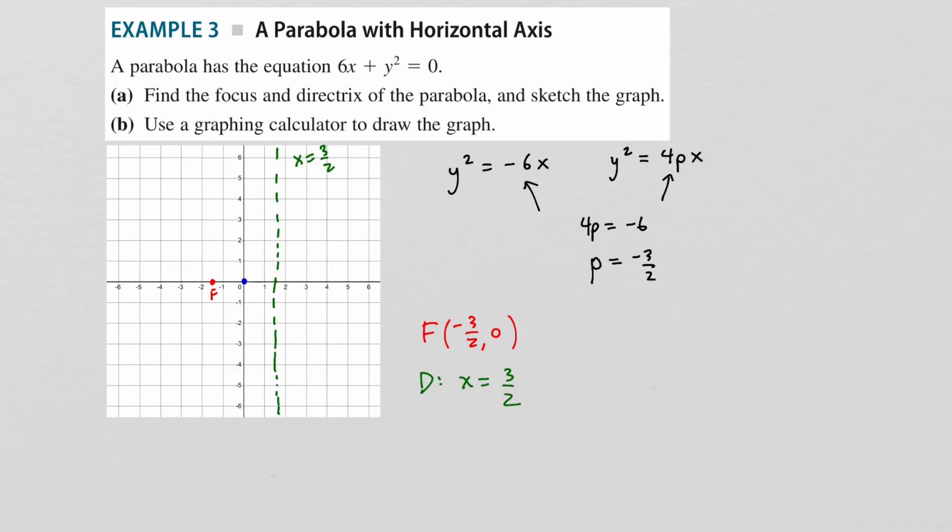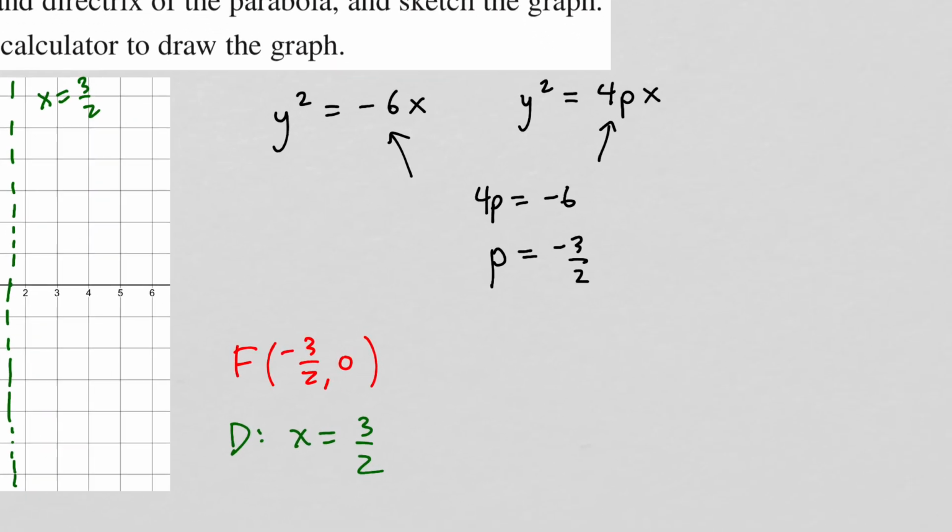And then the graph of the parabola, we don't actually have to use a graphing calculator. We'll talk about that in just a minute. But again, we could just graph it by choosing some value for x and then solving for y.